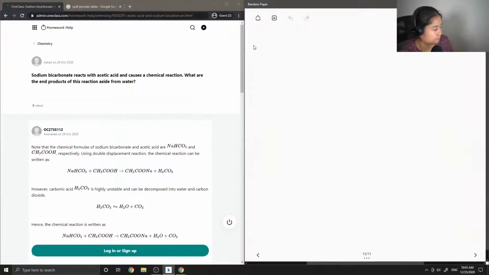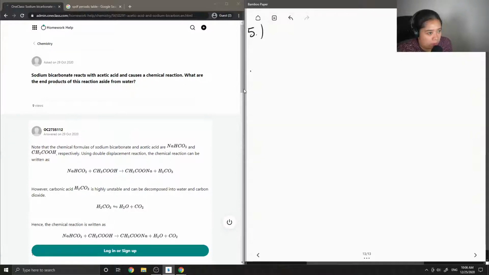Okay, so question number 5. Sodium bicarbonate reacts with acetic acid and causes a chemical reaction. What are the end products of this reaction aside from water? Okay, so first let's write down our reactants. We have sodium bicarbonate.